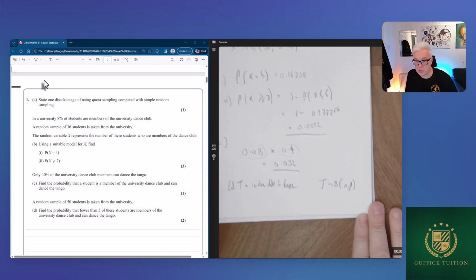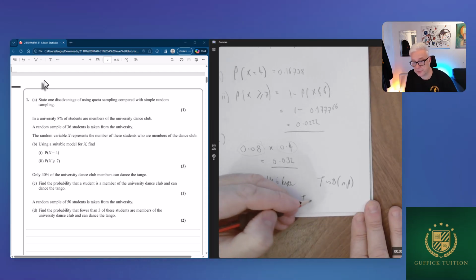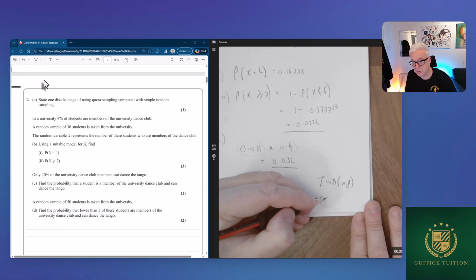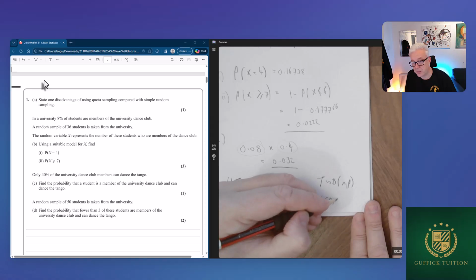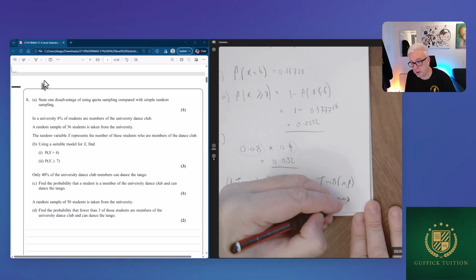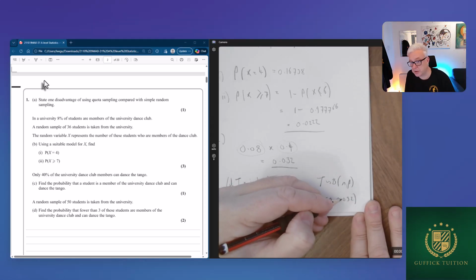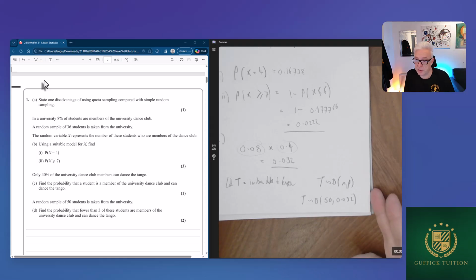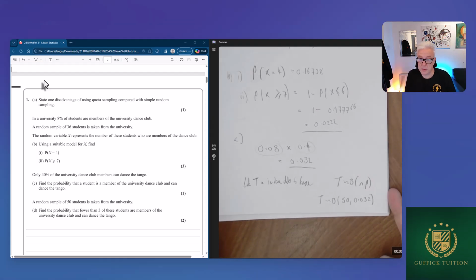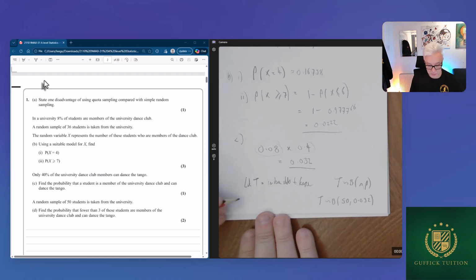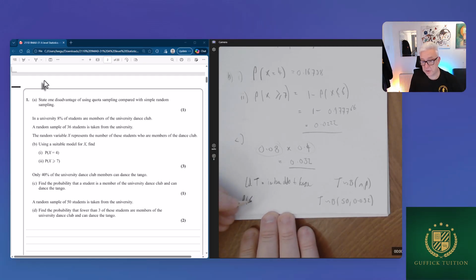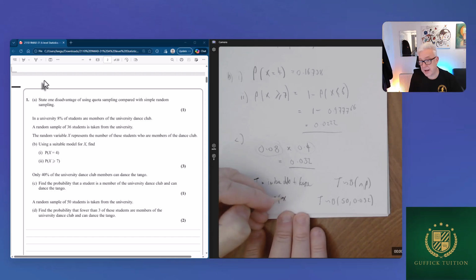And the binomial distribution for the tango is going to be, there's a sample size of 50, and the probability of being both in the dance club and being able to do the tango is 0.032. Okay, so that's our new binomial. And we're trying to work out fewer than 3, so the probability of x is less than 3 is the same as x is less than or equal to 2.